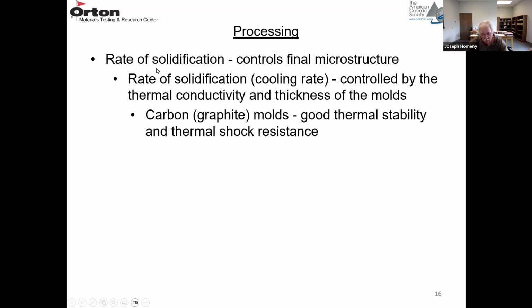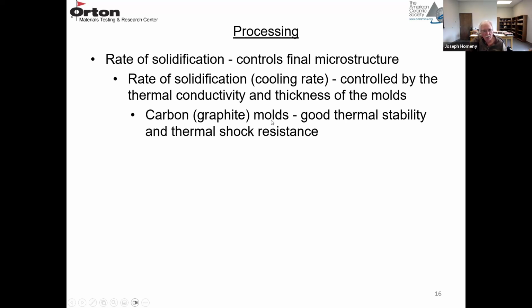So the rate of solidification is important because it's going to determine the final microstructure, the final grain size. So the rate of solidification is the cooling rate. It's going to be controlled by the thermal conductivity and the thickness of the mold material.